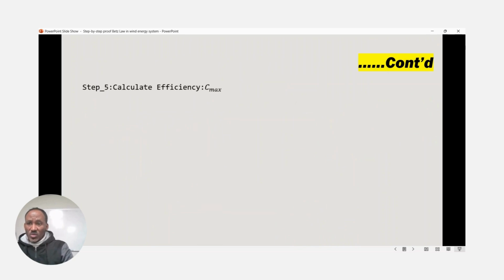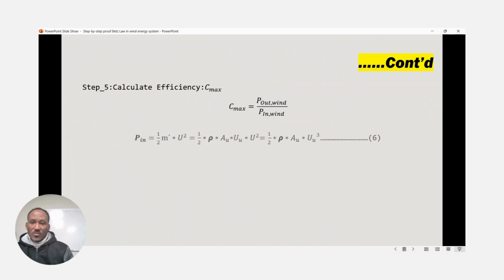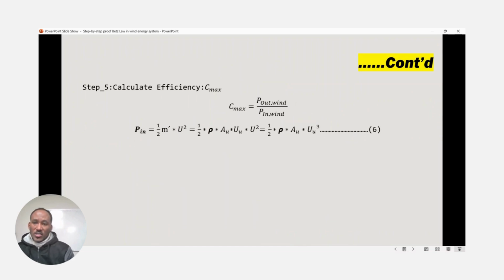The next step, step 5, is calculating the efficiency of the turbine. We know efficiency is always equal to power out over power in. Power in can be calculated from the flow rate of kinetic energy.